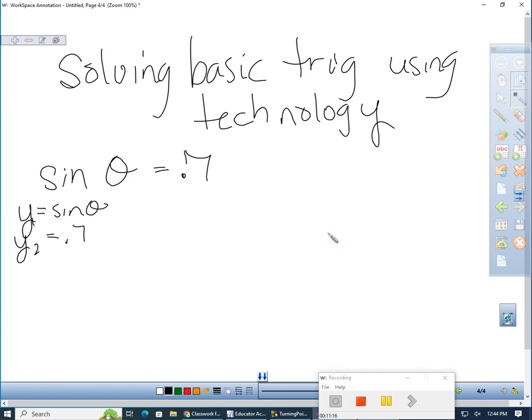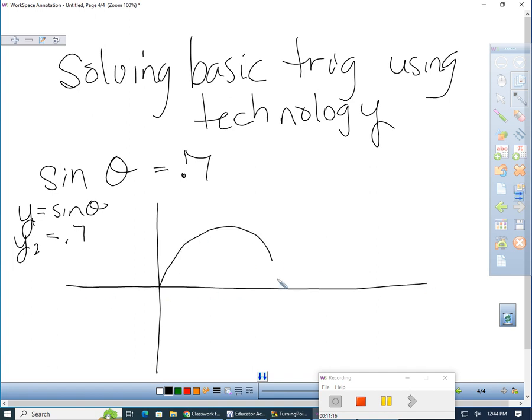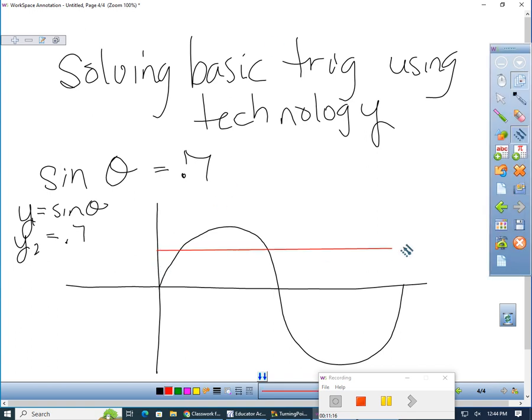So make sure your window goes from 0 to 2 pi. Once you graph this, it should look like this in your window.